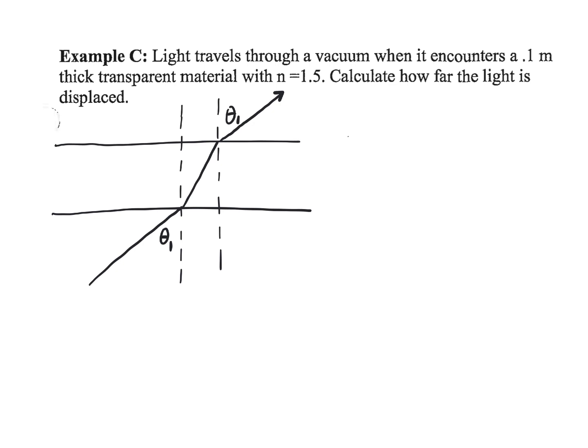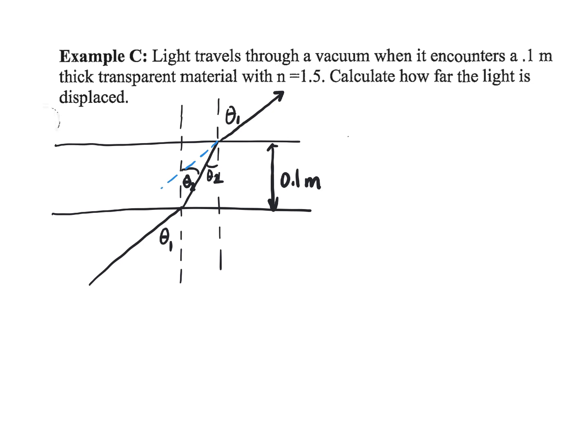So, how do we do this? We know this is 0.1 meters, don't we? This is theta sub 2. Okay? If that is theta sub 2 right here, then by alternate interior angles, that is also theta sub 2. Do you agree? Now, I need you to know that because now I'm going to draw on the other chunk.